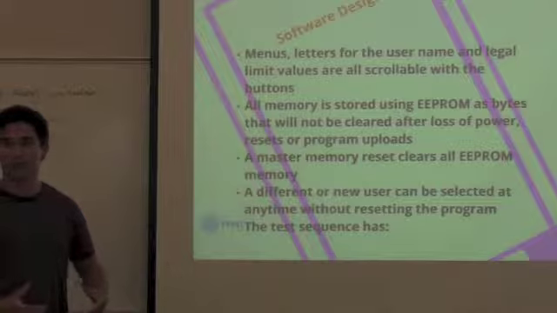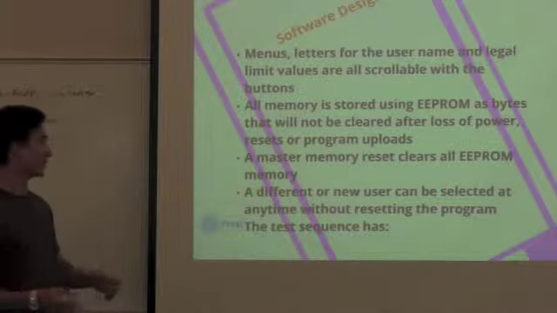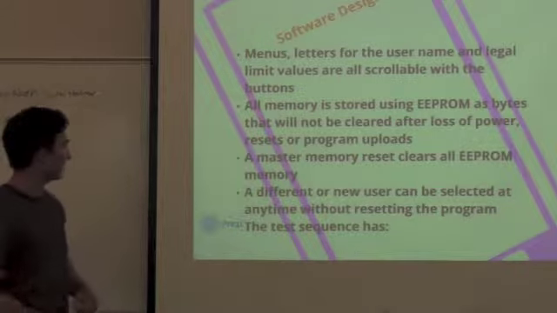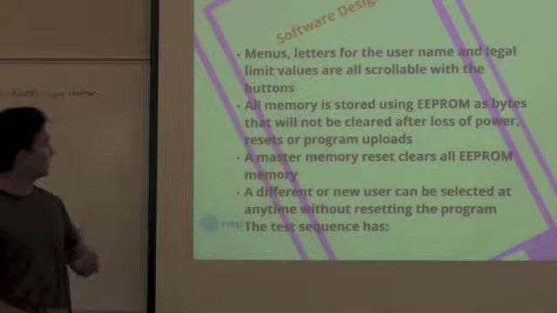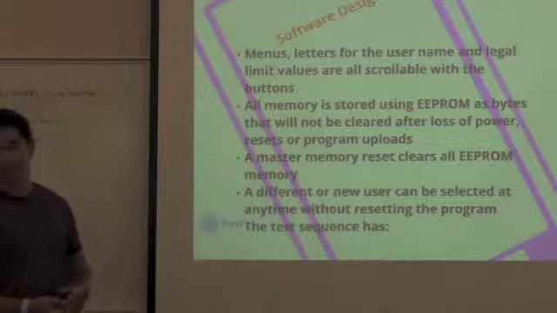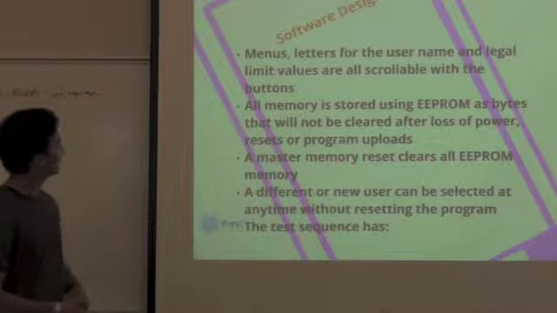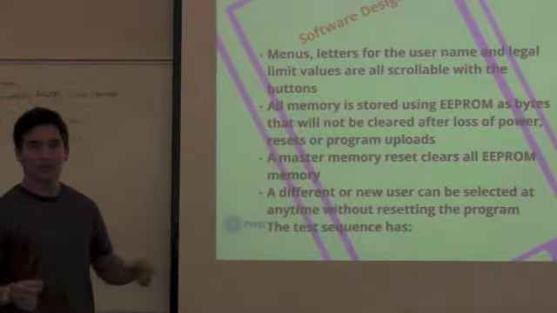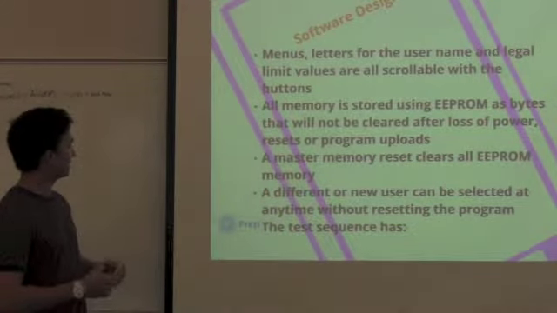And the real trick about all this is storing it into the memory, as Justin and Andrew did, so it wouldn't be cleared between resets and program uploads and all that stuff. And so that's all stored as bytes in a 1K amount of space.